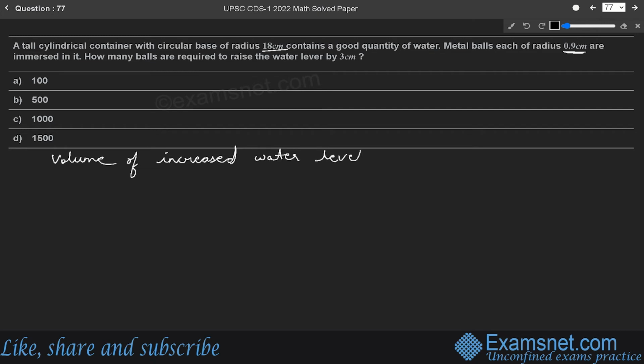Now the volume of increased water level will be equal to pi into 18 square into 3, according to the given values. Now since we have to find the number of balls, let n number of metal balls be required.